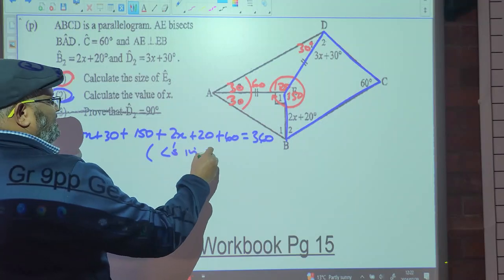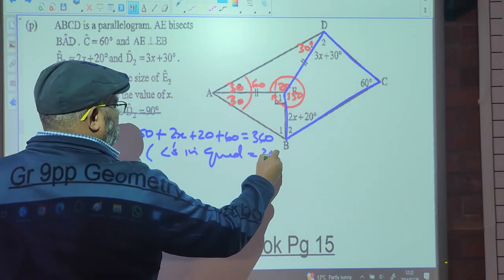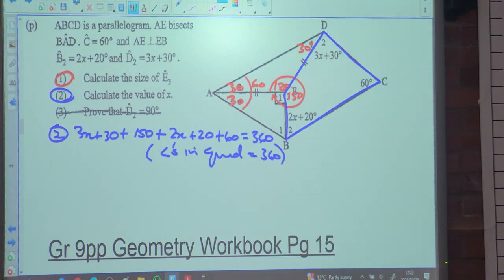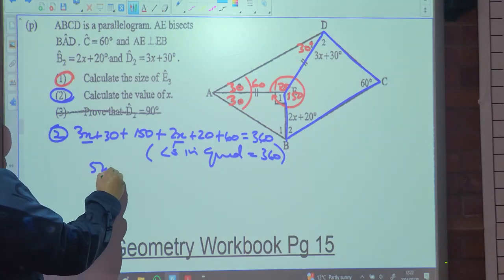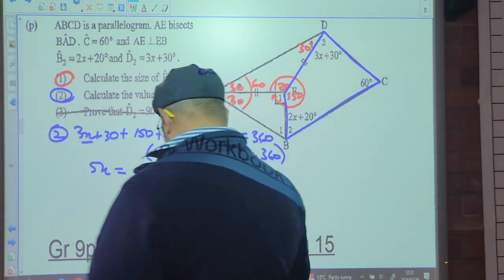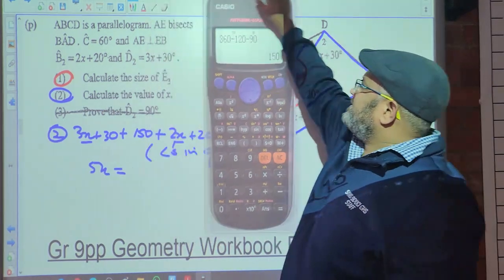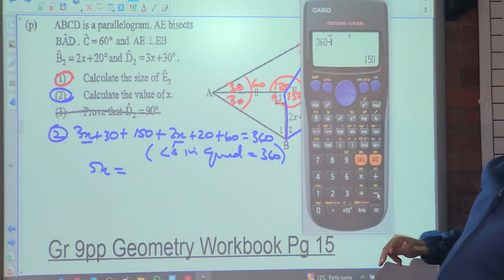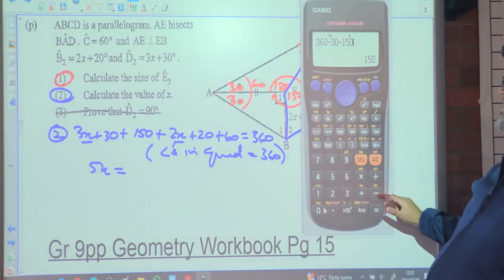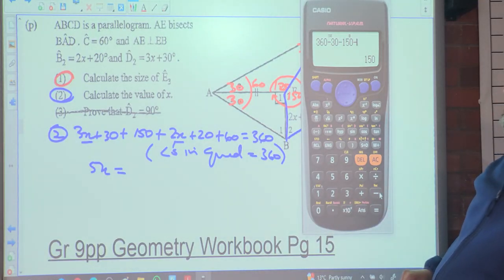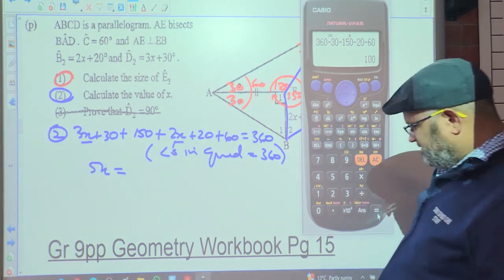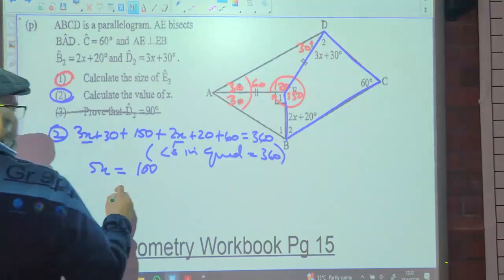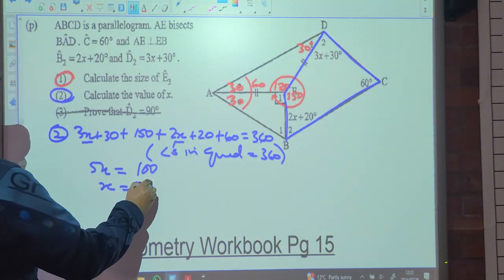Sum of angles in a quad equals 360. 2x plus 3x is 5x, equal to 360 minus 30 minus 150 minus 20 minus 60, which gives us 100. Divide by 5, so x is 20.